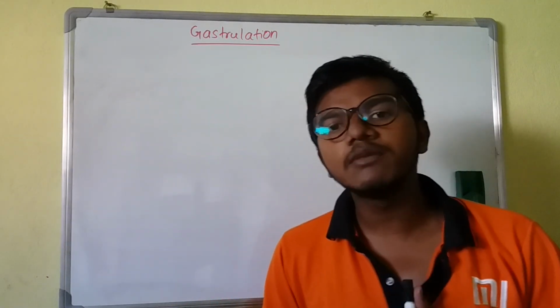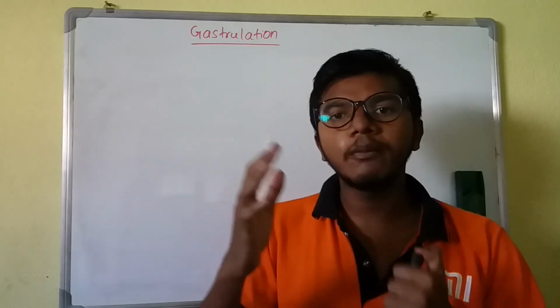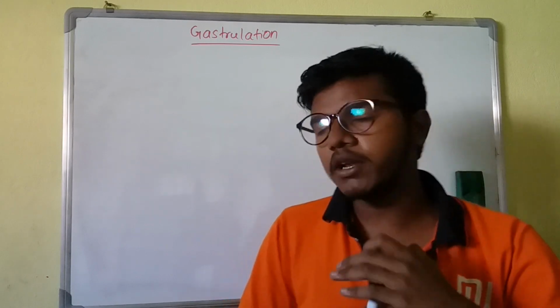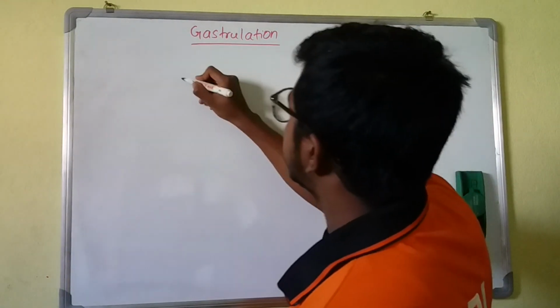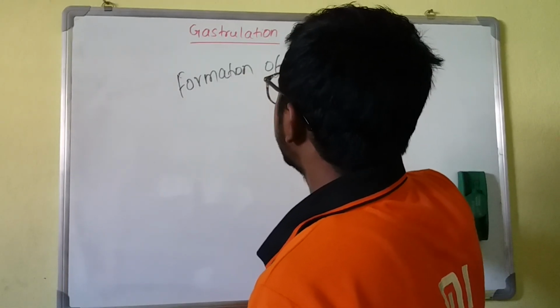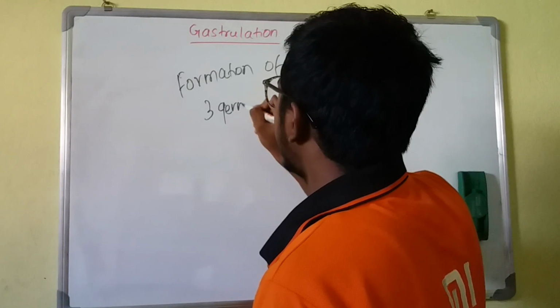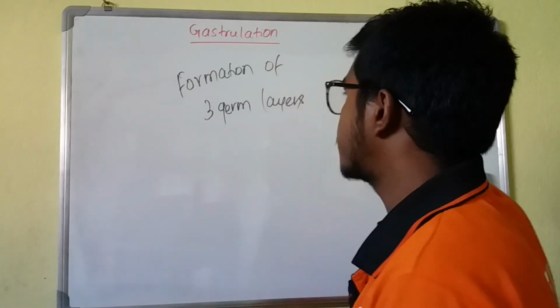It will create a new relationship among the various germ layers. So in the gastrula, what is formed? Formation of three germ layers takes place here.